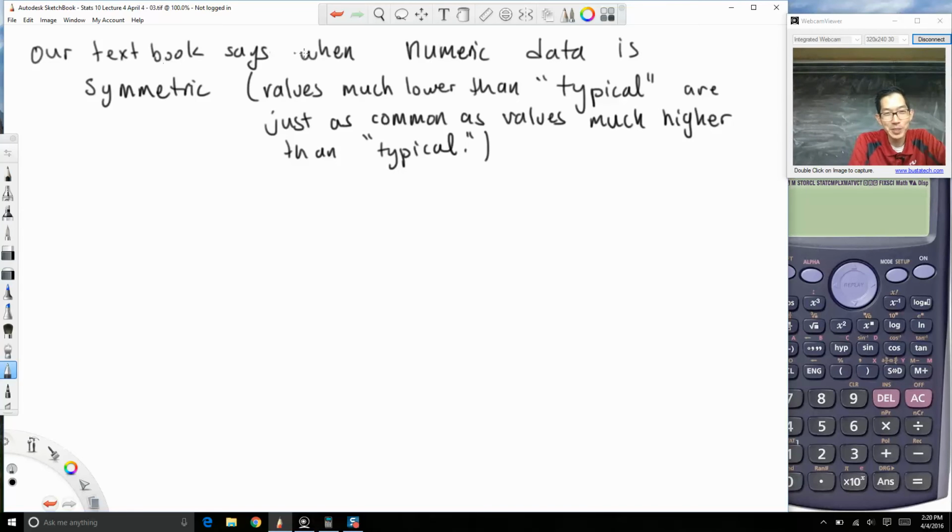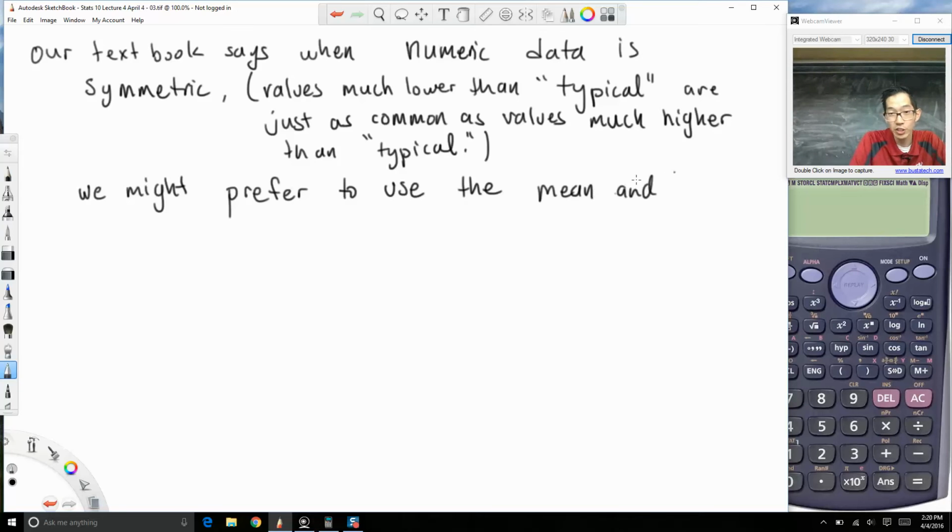Our textbook says when numeric data is symmetric, we might prefer to use the mean and the standard deviation to summarize our data.